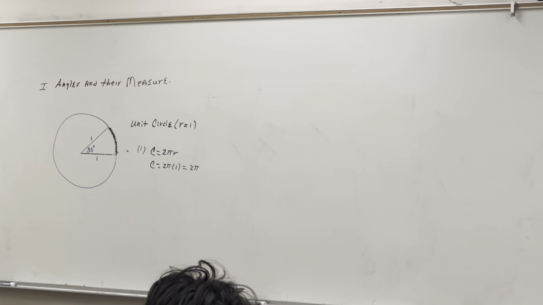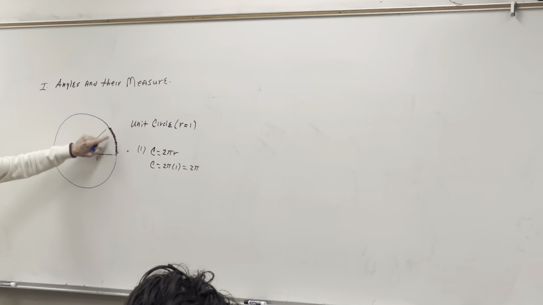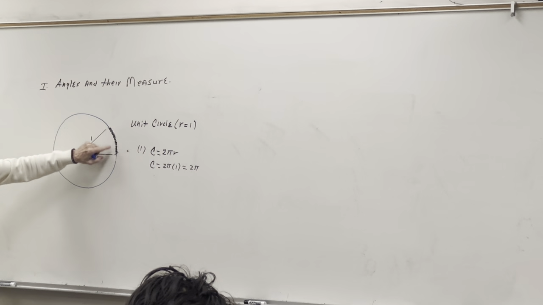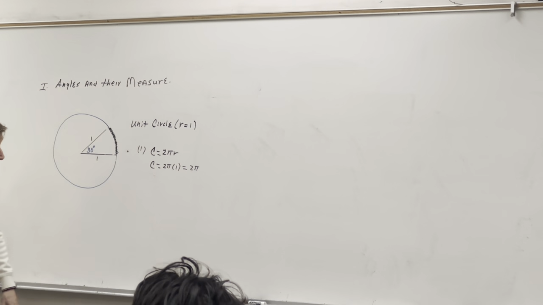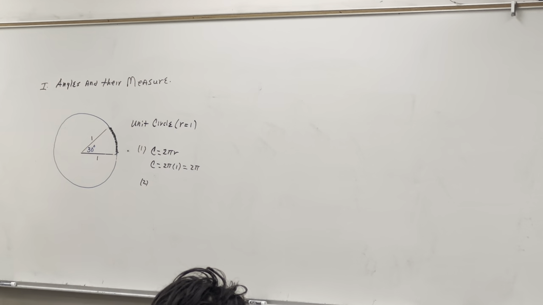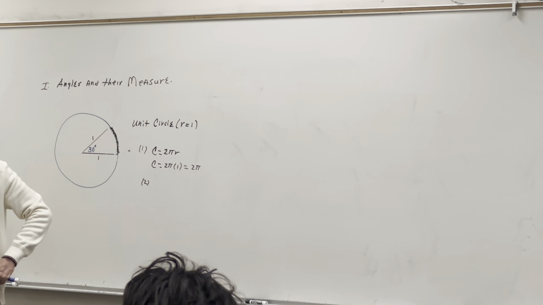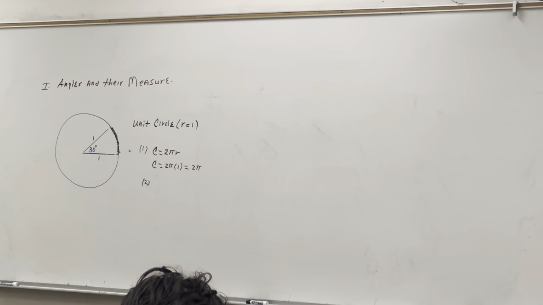I don't have the entire length, I just have this little piece of it. So I need to come up with, hopefully, a ratio, a fraction of it. What fraction of the entire circle of this 2 pi do I actually have? So step 1 is the circumference. I love that. Okay, can someone give me a ratio that I'll now apply to that 2 pi, the full circle, to get that little piece I want? Joseph.